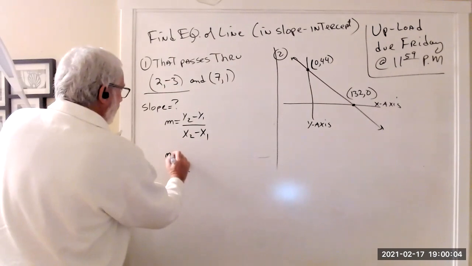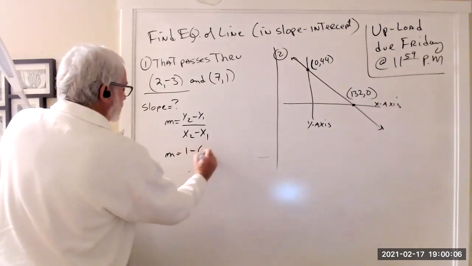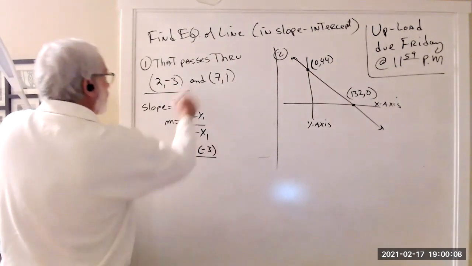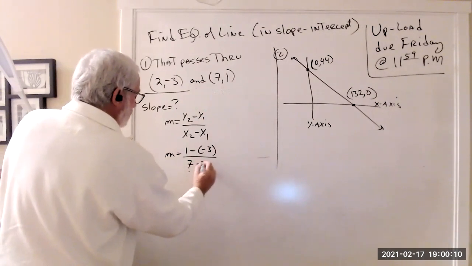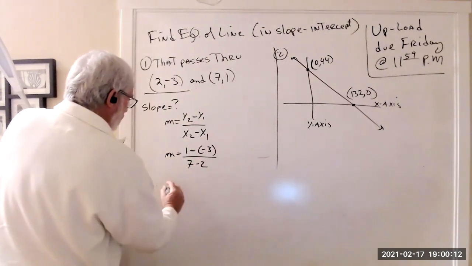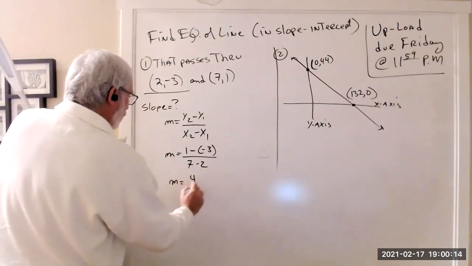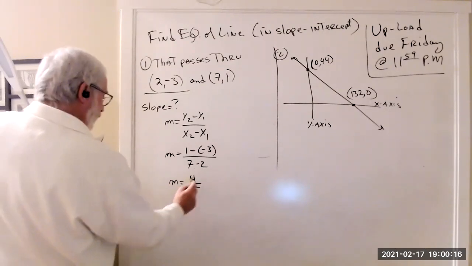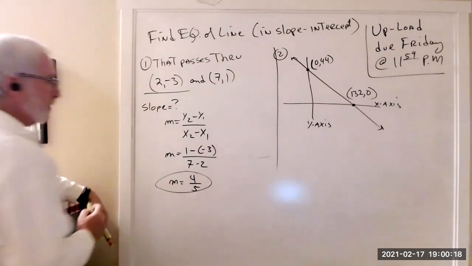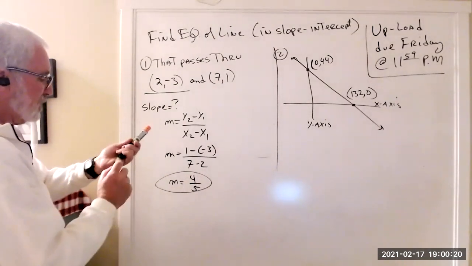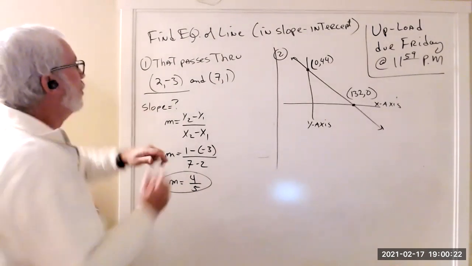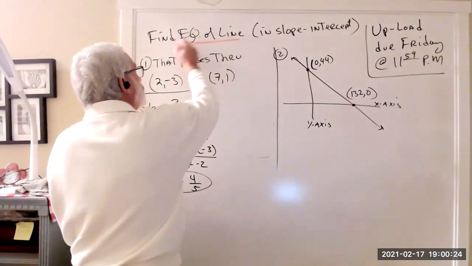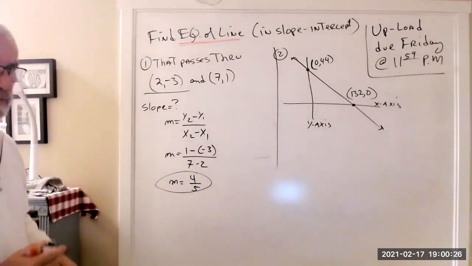So we say m equals 1 minus negative 3 over 7 minus 2. So the slope is 4 over 5. I think that's right. But we're not done, because this didn't say find the slope. It said find the equation of the line.